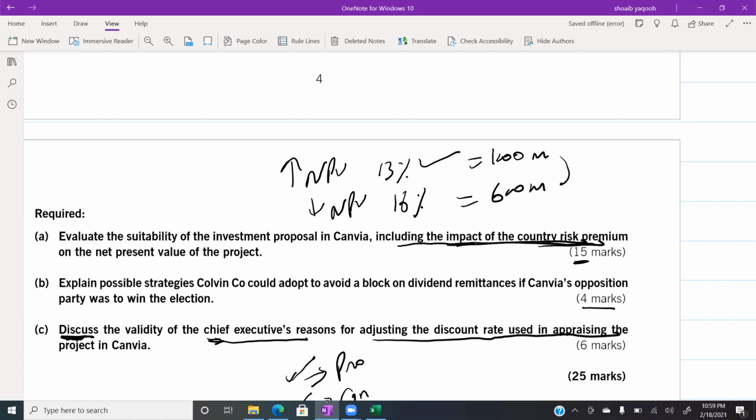Then what would you do? Guys, any suggestion? Let's suppose the government puts the blockage on the remittance. What will you do? There are a number of solutions available.